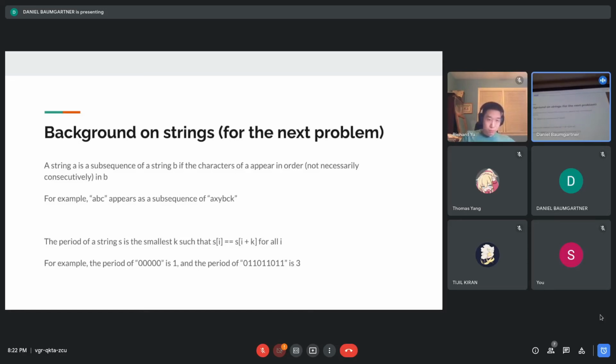If they're equal, and that's true for every index such that i plus k is still in the string, then we say that it has a period k. And then the example there is, if we have a bunch of zeros, the period is 1. The other one is basically 0, 1, 1 repeating itself. So that is periodic.